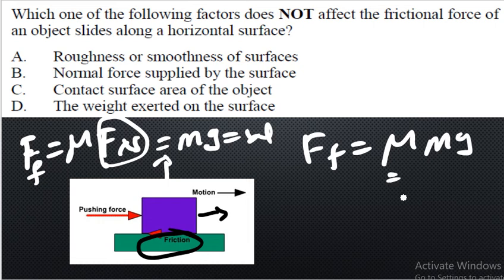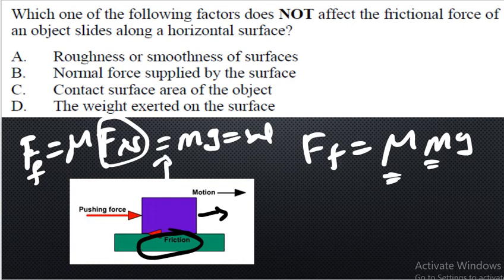Mu is a constant, determined by the roughness of the surface. The rougher the surface, the larger the coefficient of friction, but it's always between 0 and 1. So as you see here, the nature of the surface affects, the mass of the object also affects, or the weight of the object affects.